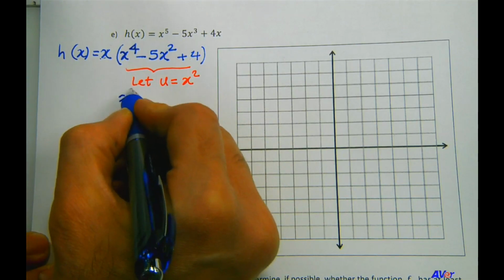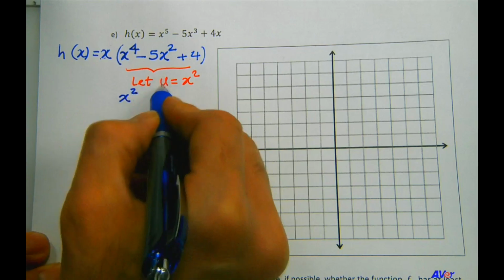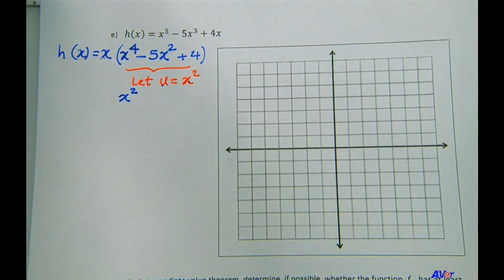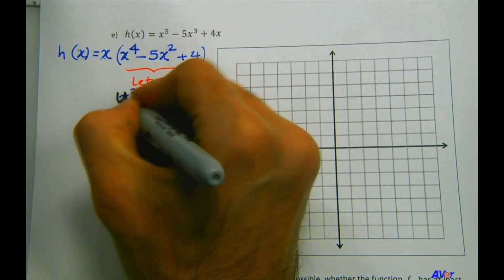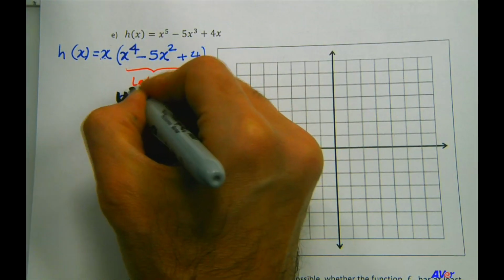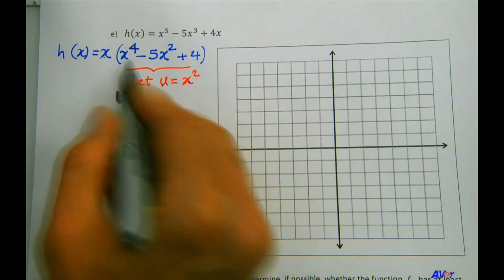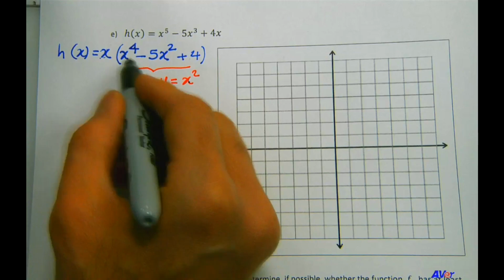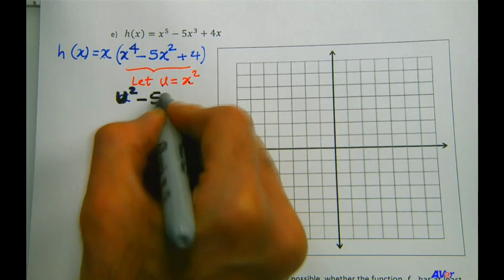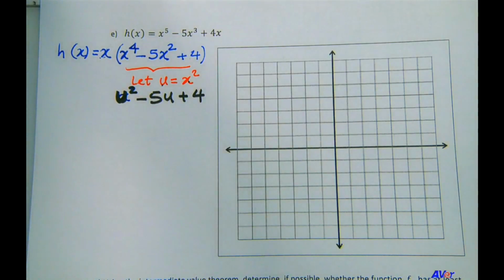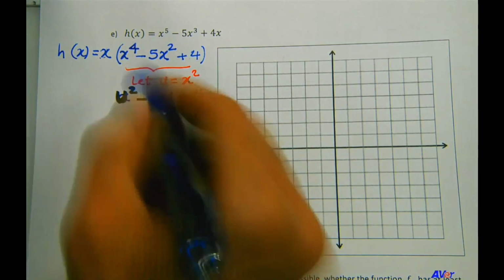So we can use the U substitution method to rewrite this as a quadratic equation. If U is x squared, then this is U squared. Then rewriting that, we have u squared minus 5u plus 4. Okay?